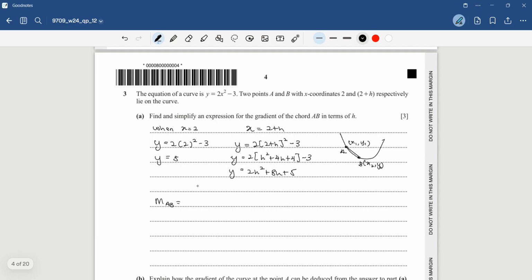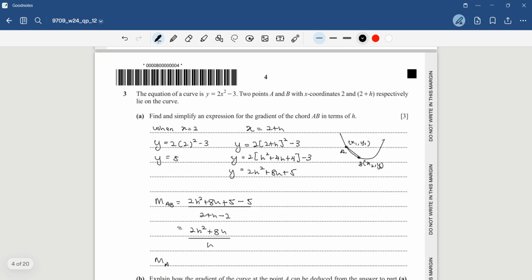Okay, therefore the gradient of chord AB will be y1 minus y2, so 2h squared plus 8h plus 5 minus 5, over x1 minus x2, which means 2 plus h minus 2. So it will be 2h squared plus 8h over h.